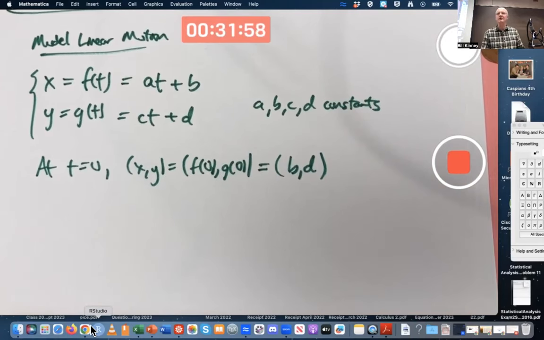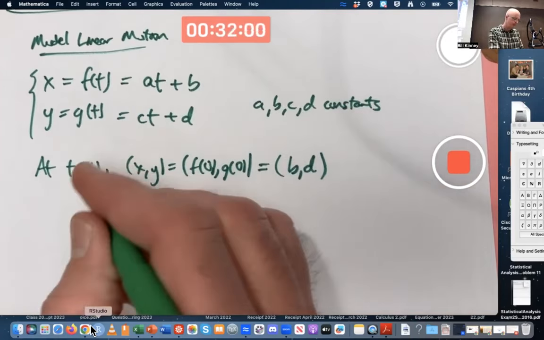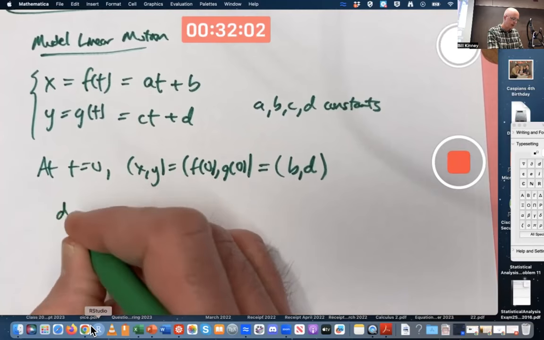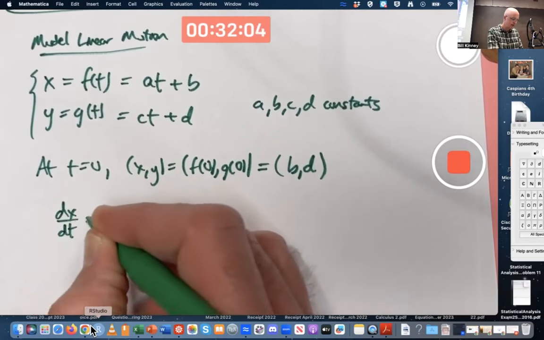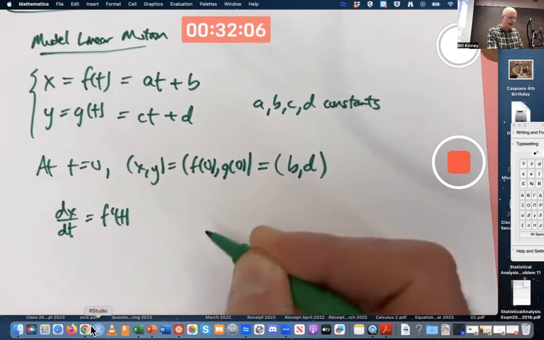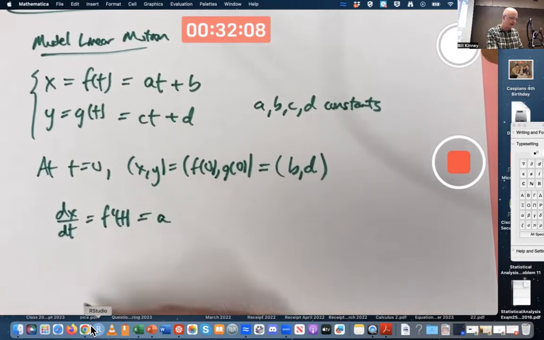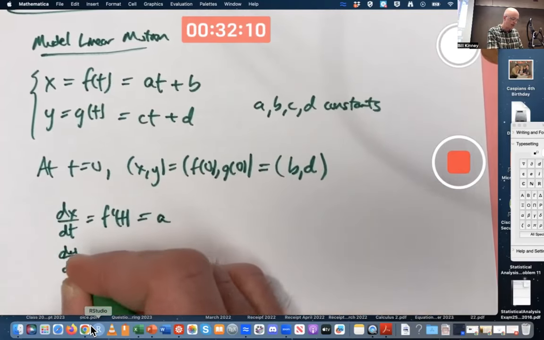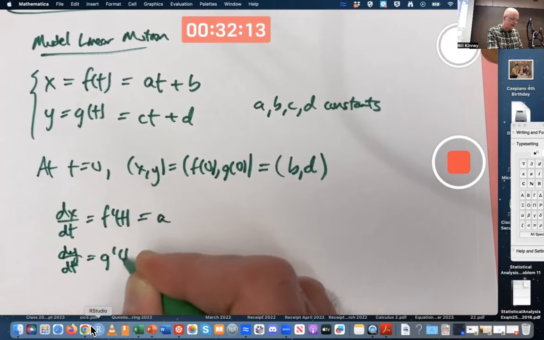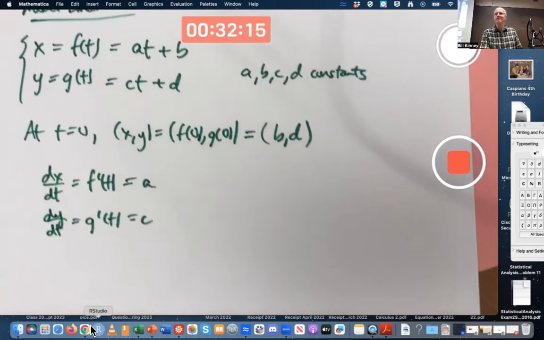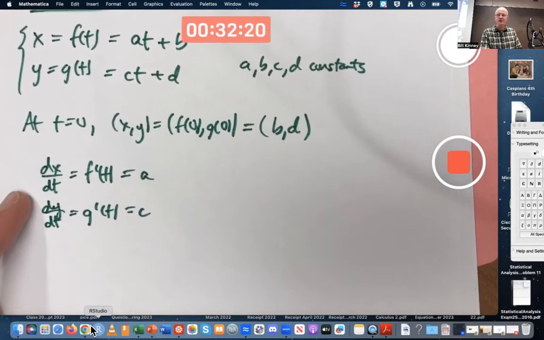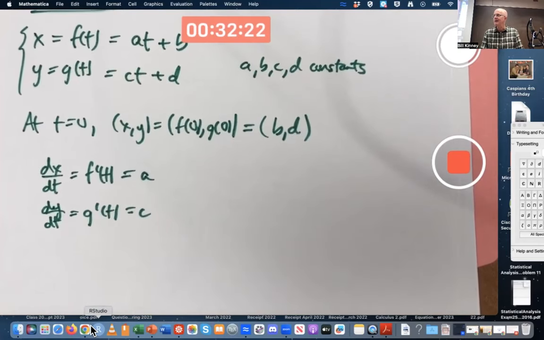Also notice that the rate of change of x with respect to t, f prime of t, is a constant a, and the rate of change of y with respect to t is a constant. It's the constant c. And in fact, those are constant for all t. For this motion, your rate of change in the x direction is constant and your rate of change in the y direction is constant.